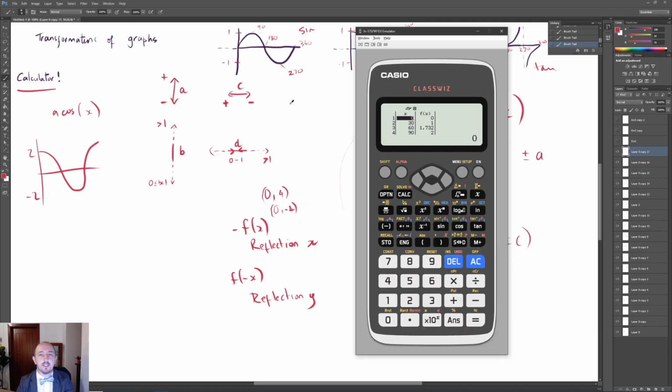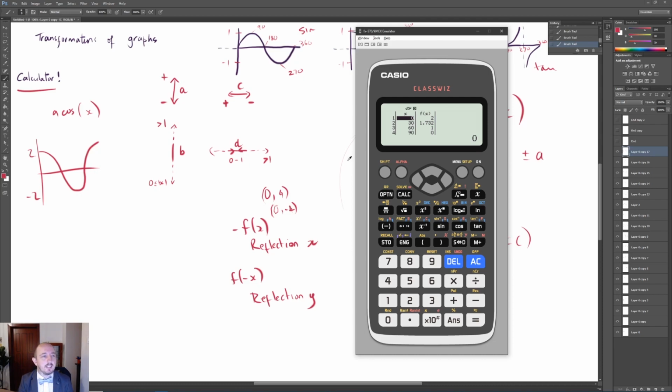You can put that function into your calculator. So let's do cos of x, and I'm going to put a 2 in the front because I think it's doubled in its stretch in the y direction. And you get your values, and you look at the graph and see 0, 2, yeah, that's right. 90, 0, that's looking about right.